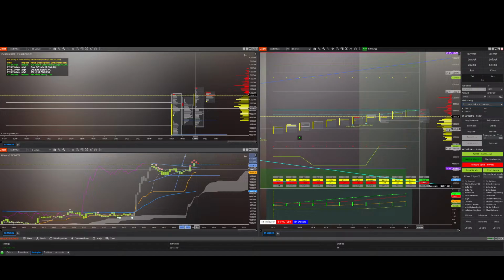Just waiting right here for price to make a decision. Chikou is right by the corner, right by the launch point, potential launch point. It could just keep on going sideways here. I don't know.